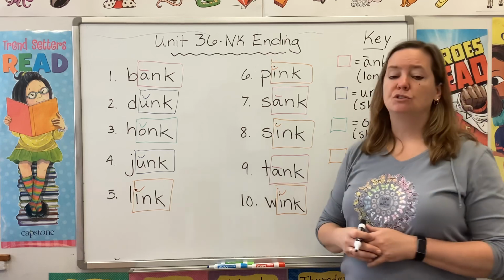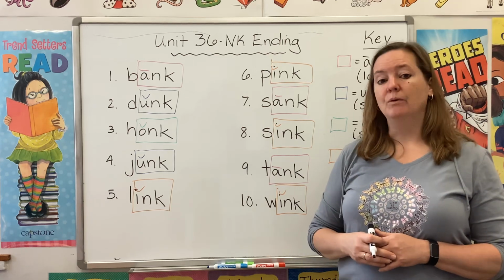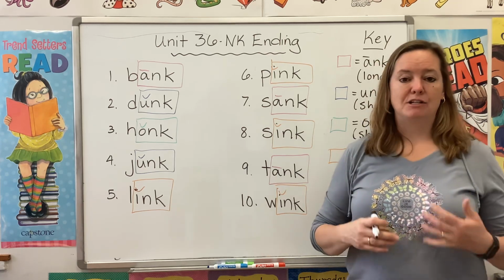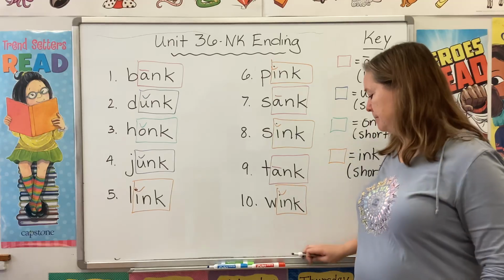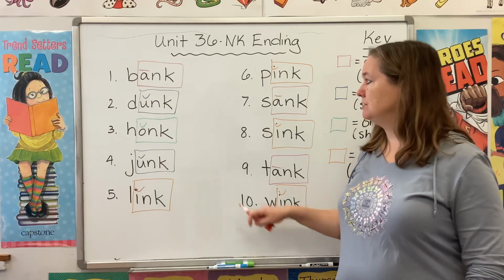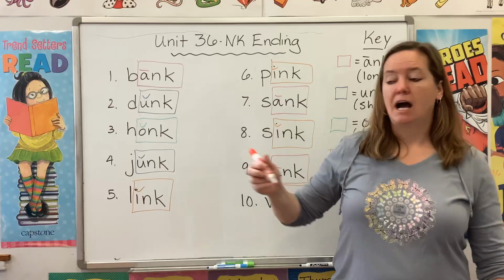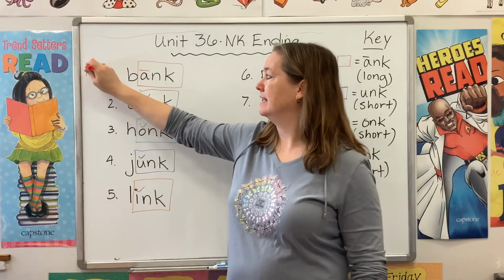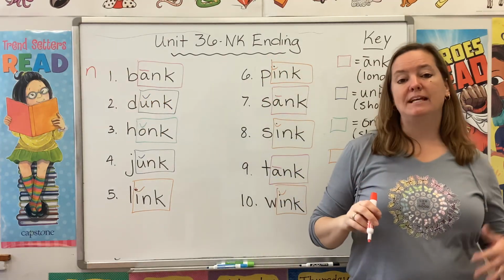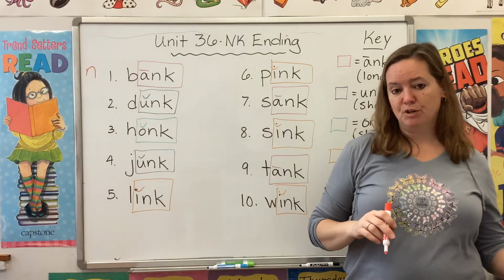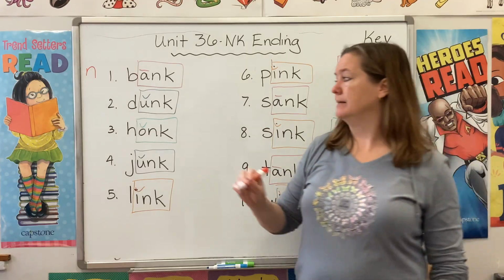Okay, so what I'd like to do now is go through our list and make sure we know what each of our words means. So let's start with bank. A bank is a thing. It's a noun. It's a place you go to save your money or borrow money.